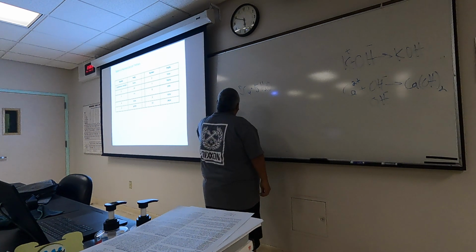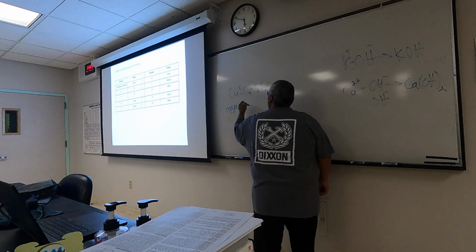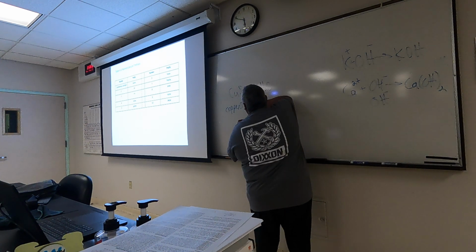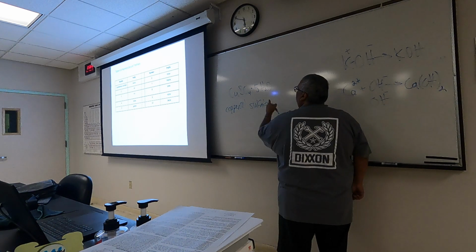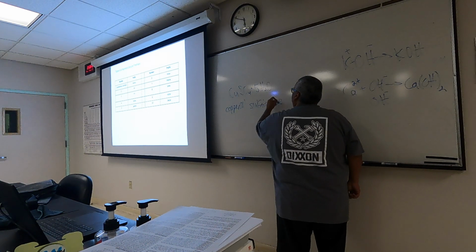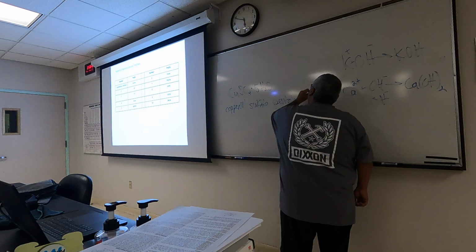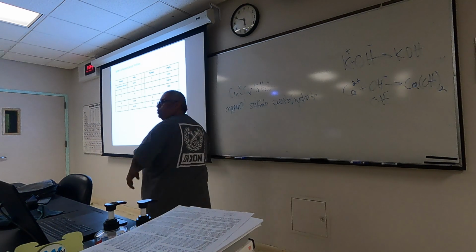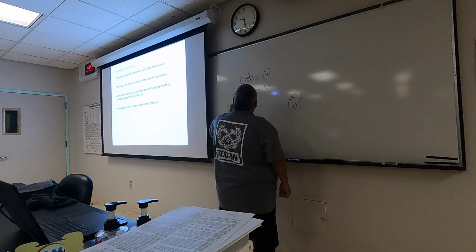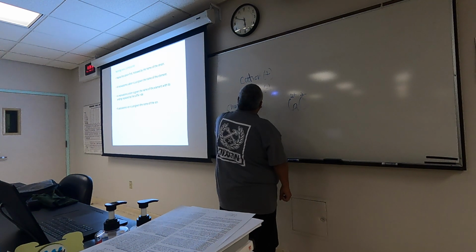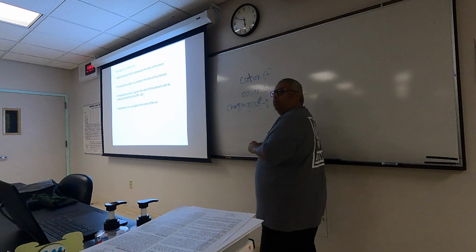So this becomes copper, Roman numeral 2, space, then we're going to add sulfate here. Copper 2 sulfate, there's 5 waters, so we're going to say that this is a pentahydrate.